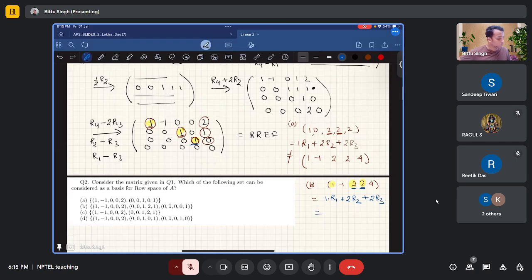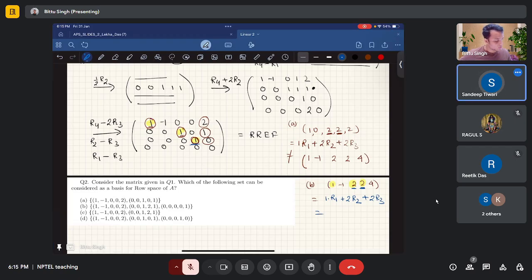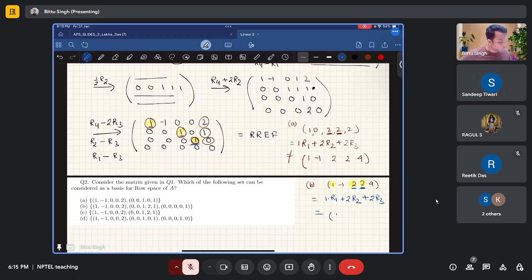So if you add those three combinations, then you can check that it is 1, then minus 1, after that it is 2 times R2, which is again 2, then again it will be 2, and 2 times R3 is 0, and here it is 2 times 1, which is 2, and 2, so 2 plus 2 means 4. So you can see the second equation is holding, that is, the second thing you can write this way.